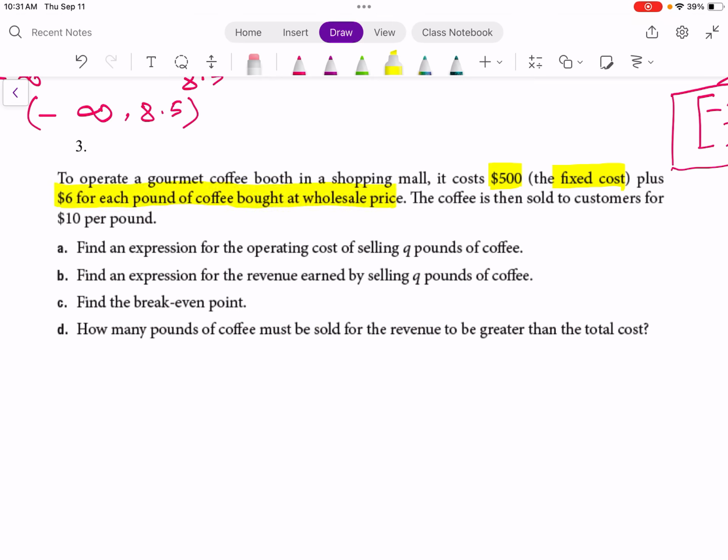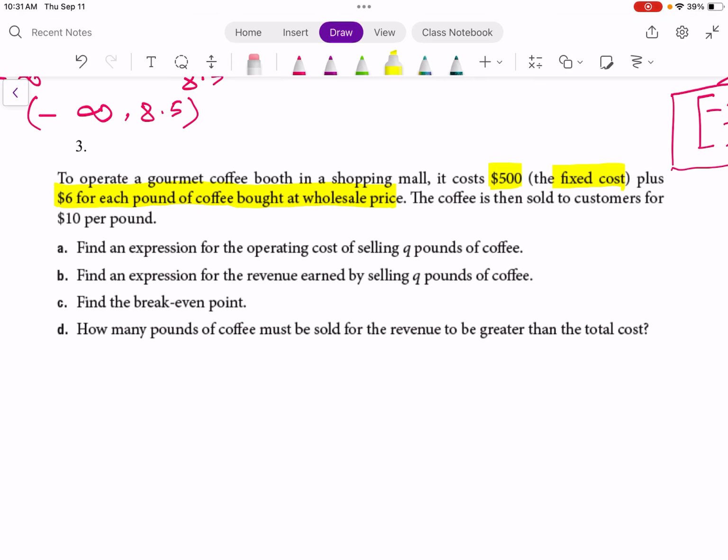That is a fixed cost. The coffee is then sold to customers for $10 per pound.